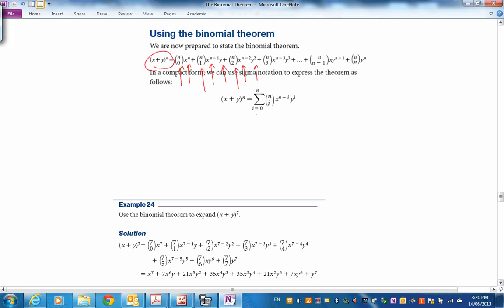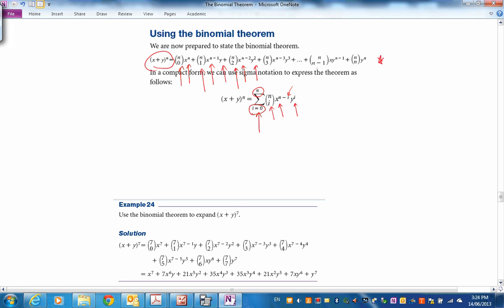Now we use the sigma notation to indicate you're adding up all the terms in a binomial. So you're going to start off at i is 0 and go to n. And the coefficient is Cni. And then you start off with the highest power of x, which is n take i, and i starts at 0. So that'll be x to the n take 0, which is x to the n, and then y to the i.